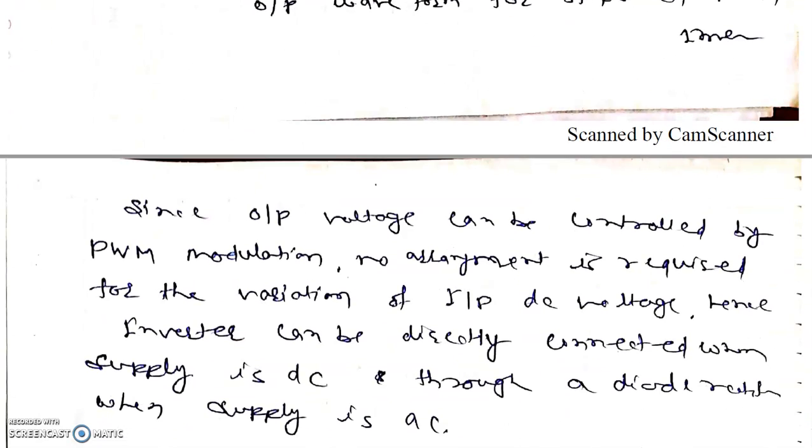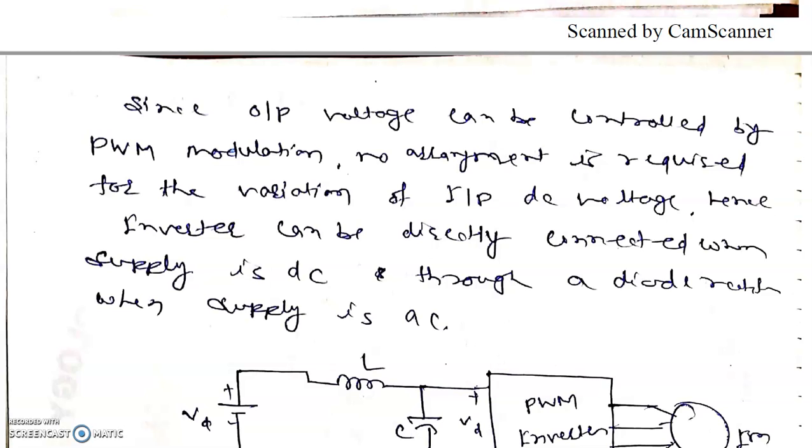Since the output voltage can be controlled by the PWM modulation, no arrangement is required for variation of the input DC voltage, as the inverter can be directly connected when the supply is DC. Therefore, a direct connection through a diode rectifier when the supply is AC.